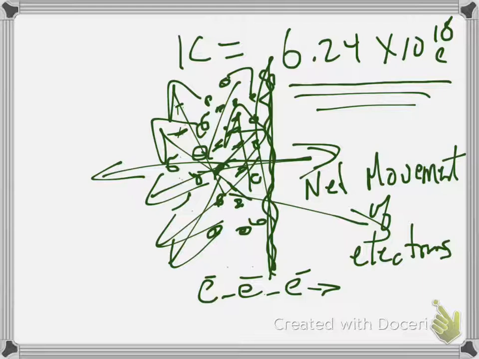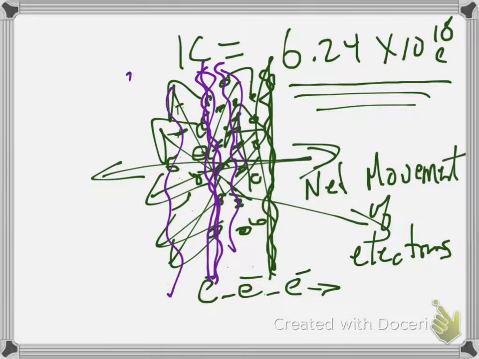But at any given moment in time, if I drew another line here, and I analyzed how many electrons were moving back and forth in this particular line, if there are 6.2 times 10 to the 18 electrons moving back and forth across that line, then that would be 1 Coulomb of charge. It's just that this line is happening everywhere, right? It's happening over here, it's happening here, so that's just our reference point.